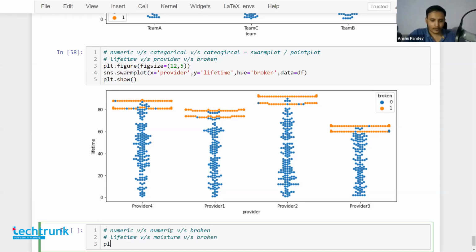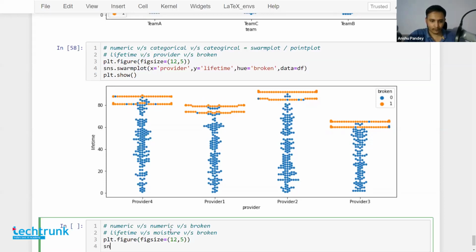So we can do plt.figure, figsize equals 12 by 5. sns.scatterplot, x is lifetime, y is moisture.